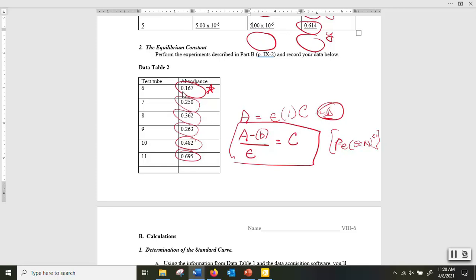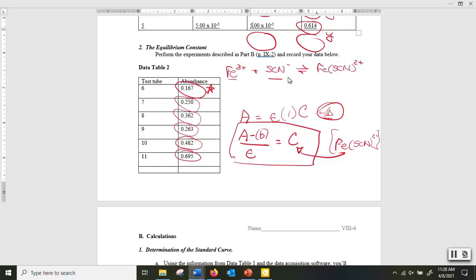Now, why can I solve for FeSCN using experiments for this part, whereas the first part I could just use Le Chatelier's principle? Because this time, I am truly taking almost equal amounts of my iron 3+ and my thiocyanate, and I am truly making an equilibrium with the complex ion.